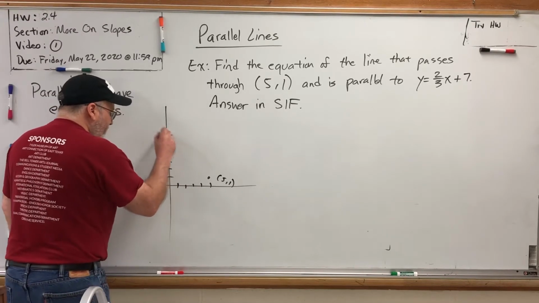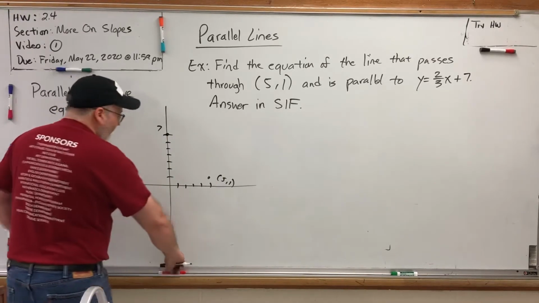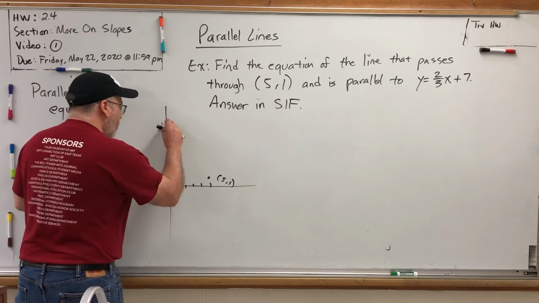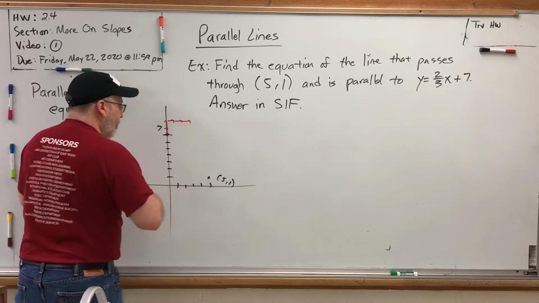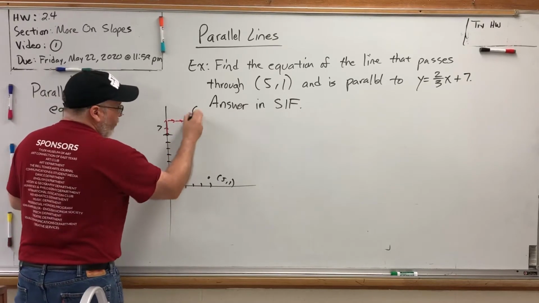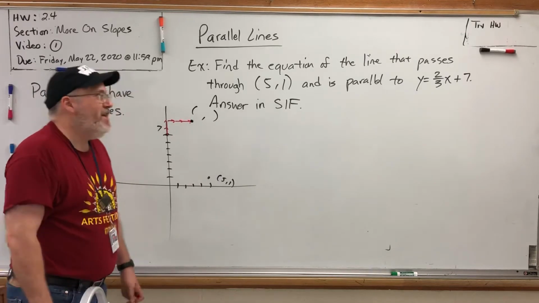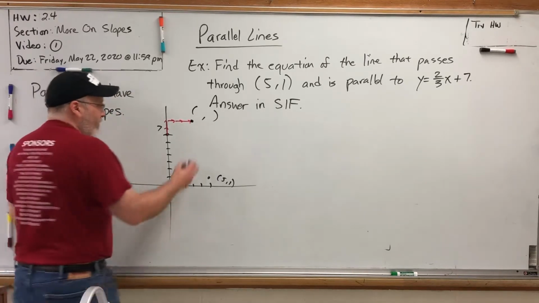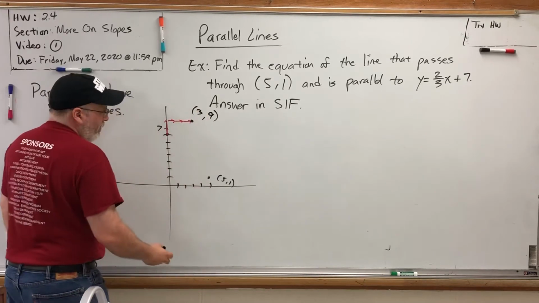The y-intercept is at 7, and the slope being 2/3 means rise 2, run 3. So from a y-intercept of 7, if I rise 2, then I'm up 9, and if I run 3, then I'm over 3.